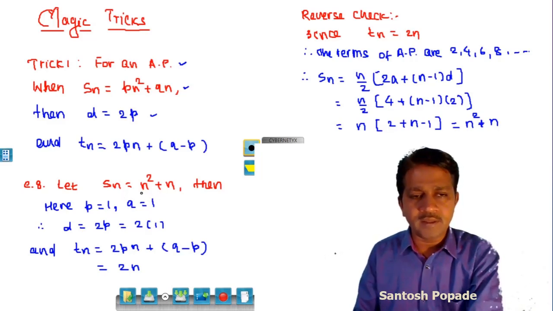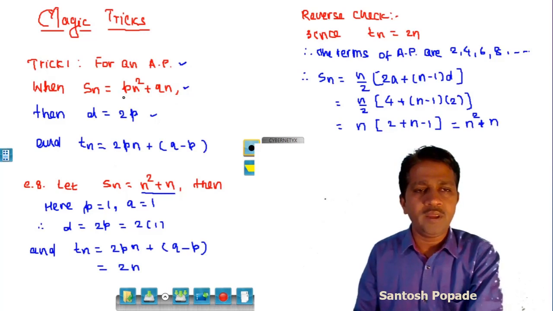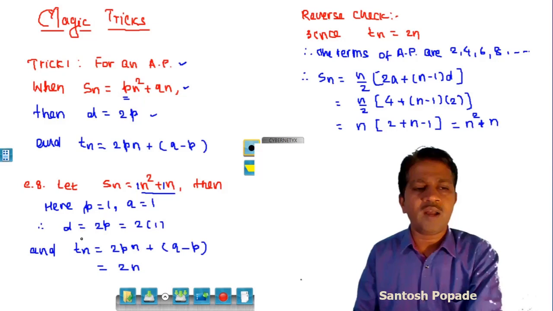If I compare this formula for Sn with the standard formula, I get that P, the coefficient of n square, is 1. Q, the coefficient of n, is again 1. Then the common difference d is 2 into P, where P is 1, so we get 2 into 1, which is 2.